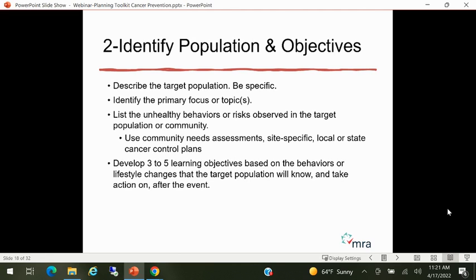You want to provide the audience with what they need so that it is relevant to them. When you have this information in hand, then you can develop those 3 to 5 learning objectives based on those behaviors or changes, what the target population needs, and then you can begin to identify how they're going to take action. So I hope by now, already in step 2, you're seeing how these steps are designed and they start building on one another.